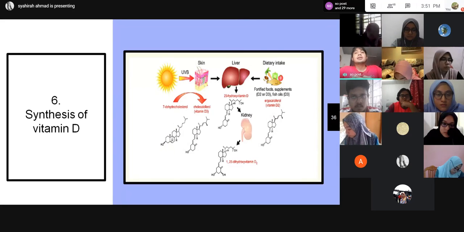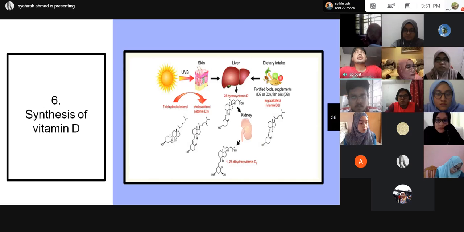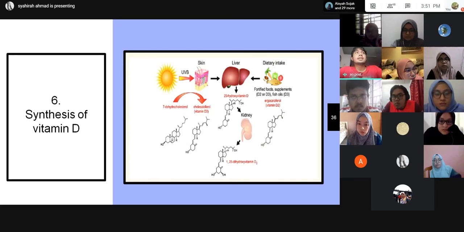The skin regulates the synthesis of vitamin D. So we know in skin, they have 7-dehydrocholesterol, and then it is converted by UV light to cholecalciferol.